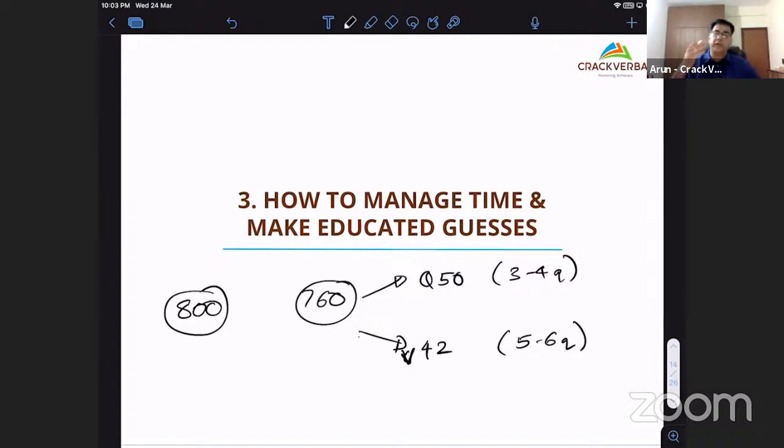So what I'm trying to say is, the way the algorithm works is that you have to be consistently at a particular level. You do not need to get every question right. This is not a linear scale. I've had students who on the day of the test have done very well. Why? Because I'm going to go back to the 3 factors that I told you. A lot of times, Indians, Asians, we tend to fixate a lot more on knowledge. It is not just knowledge, but what are the other 2 factors I told you?